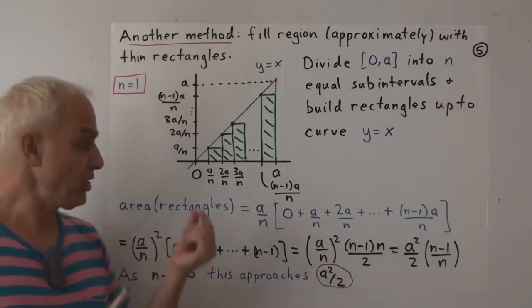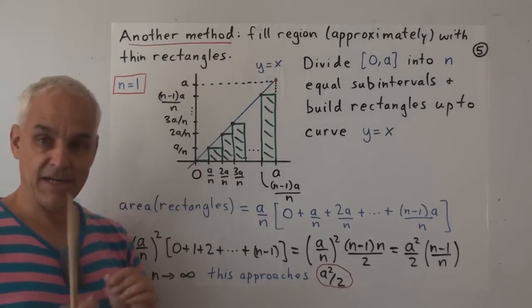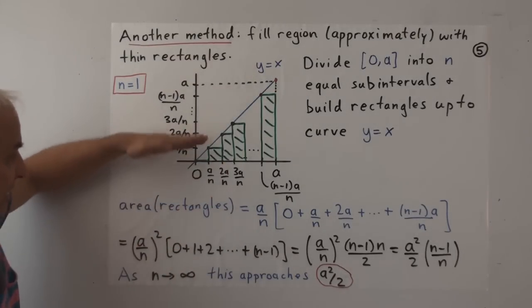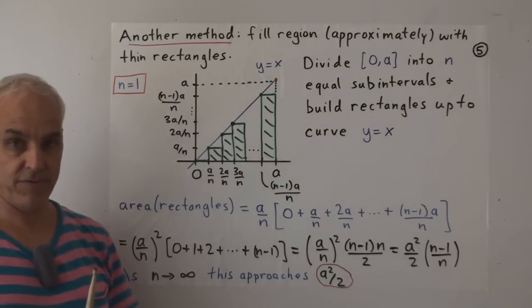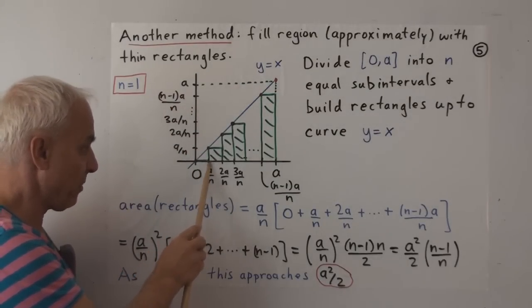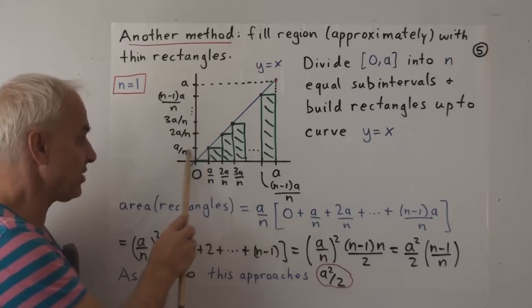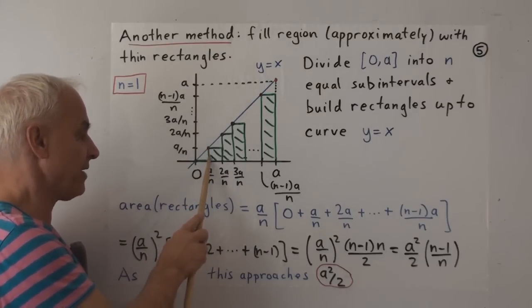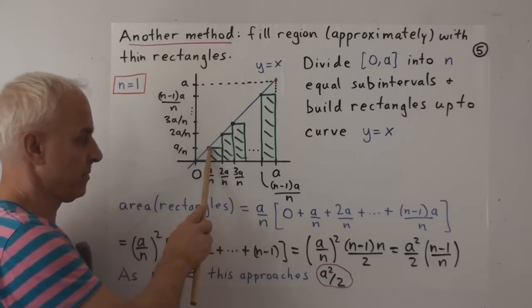All right, now over each of these subintervals, the idea is to build a rectangle that goes up until it hits its head on the curve. So at this interval here, for example, we're going to build a rectangle whose height is also a over n, because that's the y-coordinate at this leftmost point.